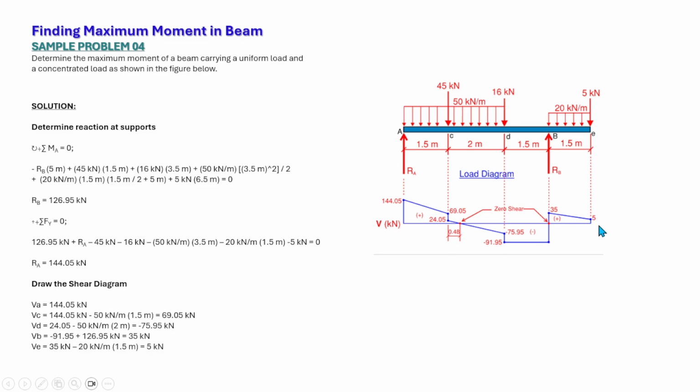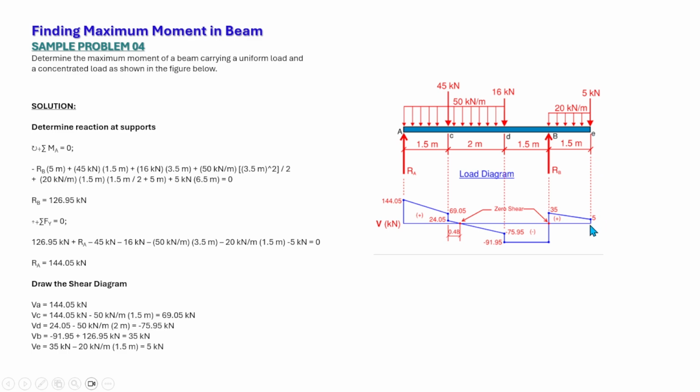We have not yet dropped to 0 because we still have a concentrated load of 5 kilonewtons, that is negative, downward. Then it will go back down to 0, because we don't have any shear at this point.